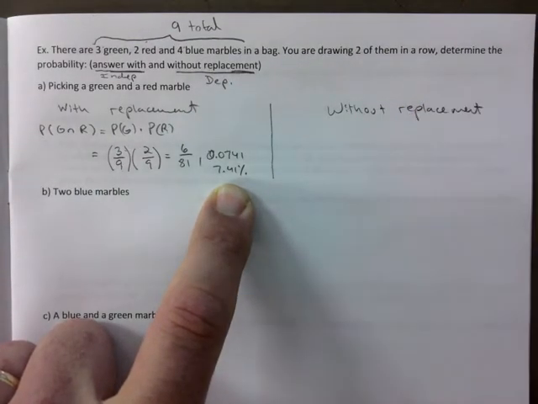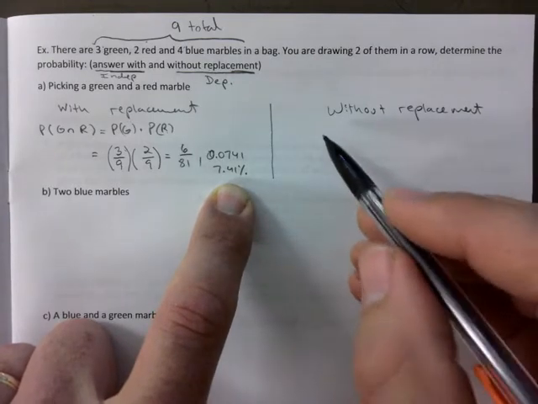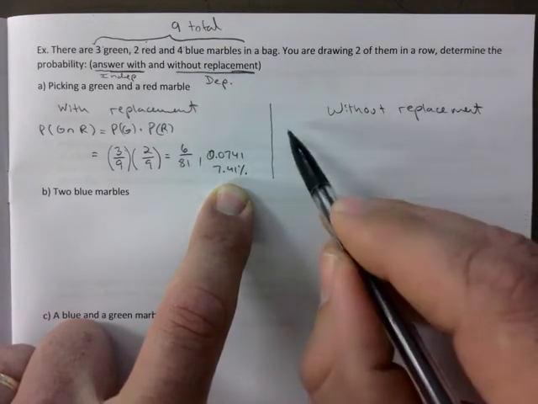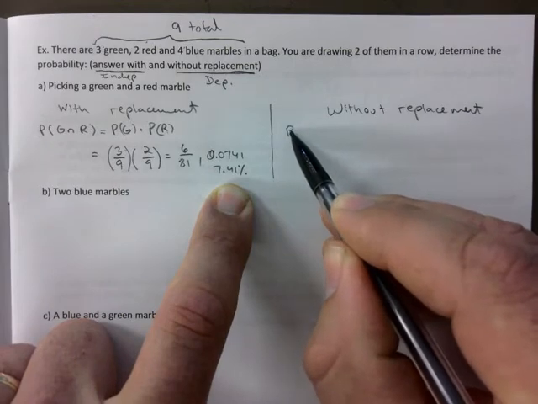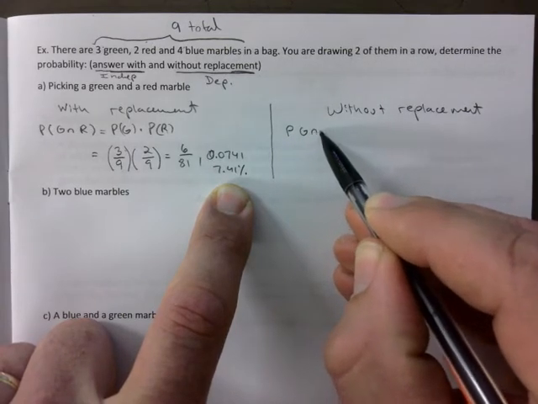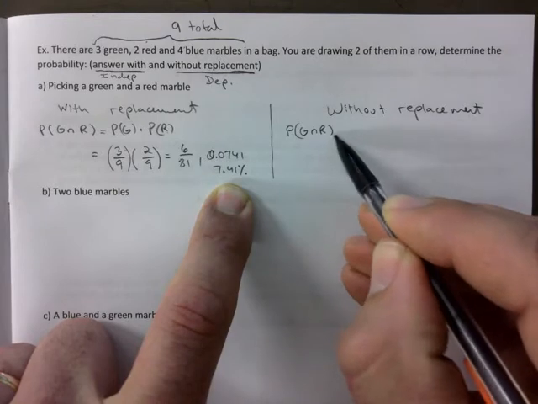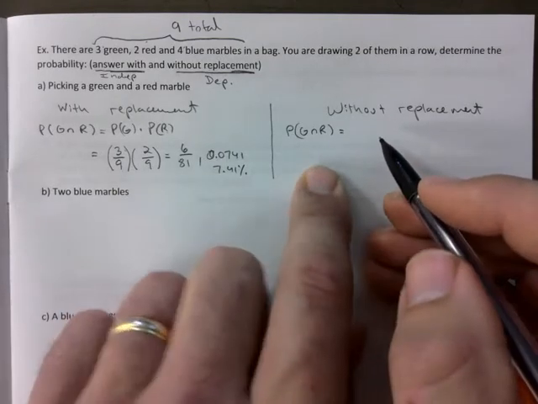Without replacement, we can do this, guys. This is dependent. So that means that probability of drawing a green and a red is going to be like this. Watch.